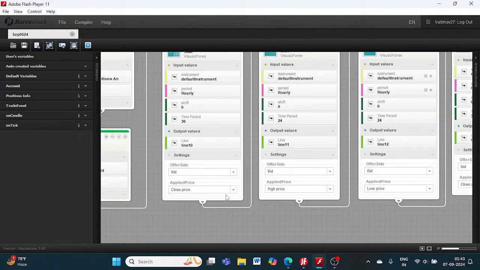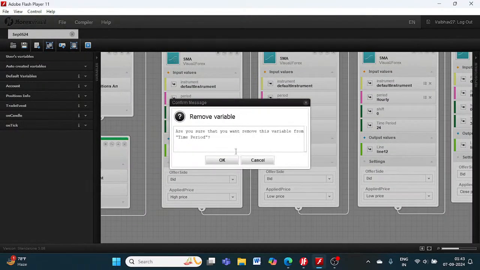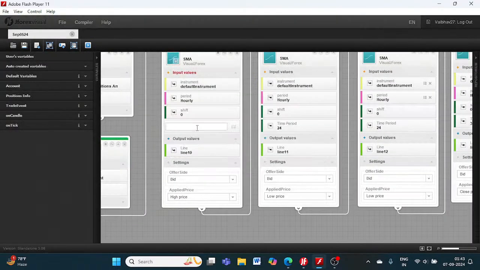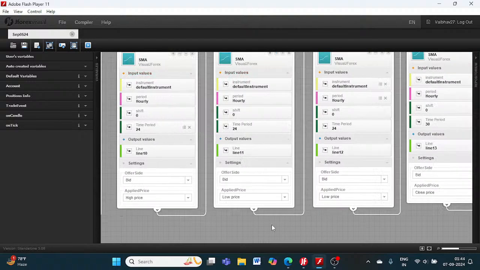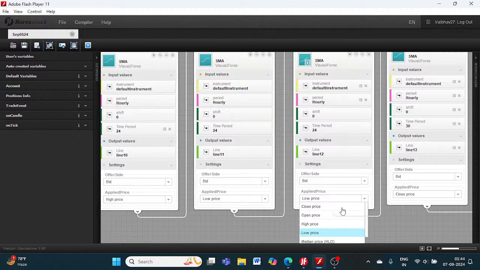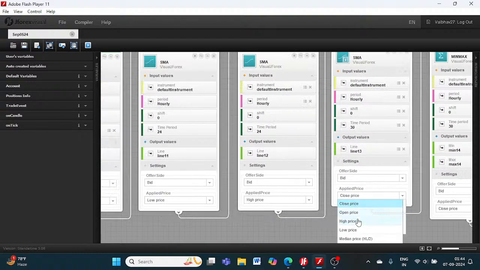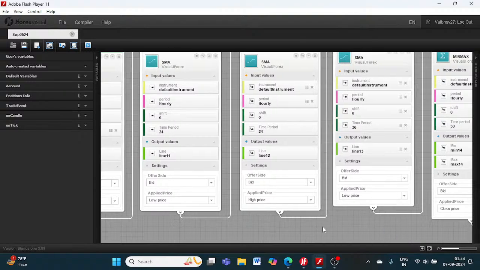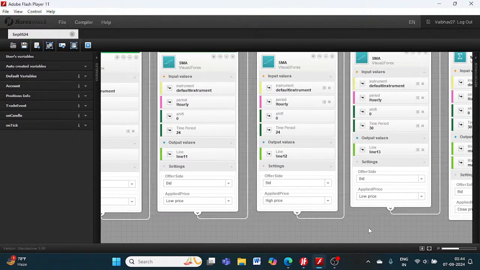Here is the high price, so I will apply the high price here, change this to the low price, and the candle period will be changed to 24. All right, this will be changed to high price and this one to the low price, just for the sequential purpose, nothing else.